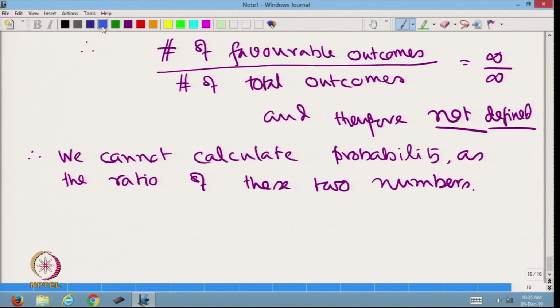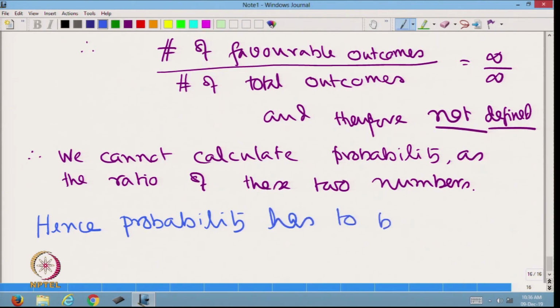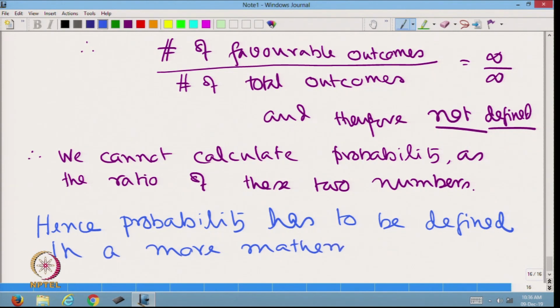Hence, probability has to be defined in a more mathematical way.